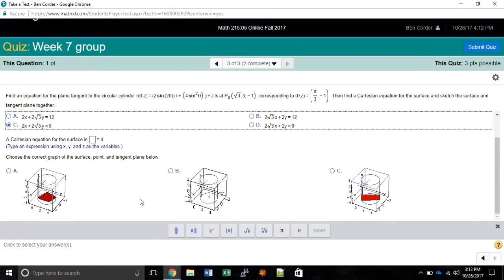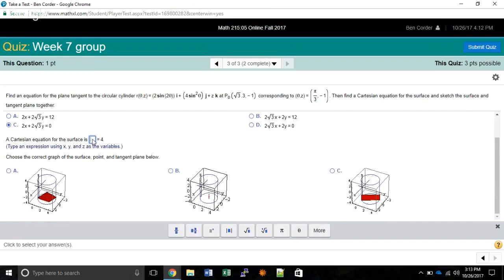I feel like it's your C. Because root 3. Well, 2 root 3 plus 2y. It's hard to tell from the graph because it's not perfect, but it's going to be x over root 3. So 1 over root 3.